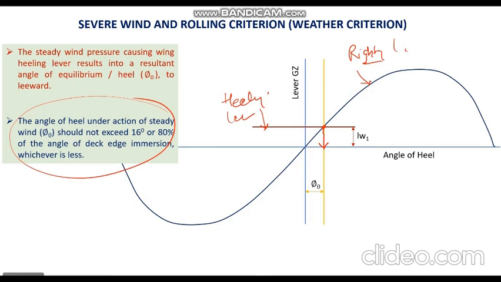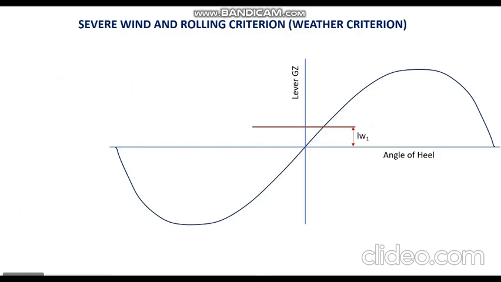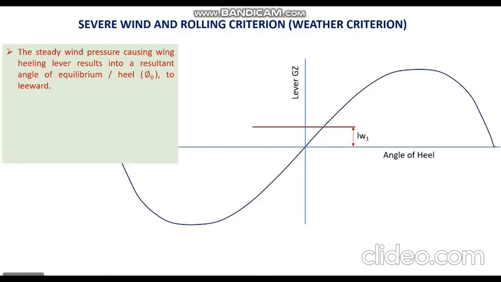So is this part clear? The steady wind heel. I'll clear this and represent it here so that there are no markings on it. The steady wind pressure causing the wind heeling lever results in a resultant angle of equilibrium of phi 0 to the leeward, and obviously leeward side is to the right in our diagram.